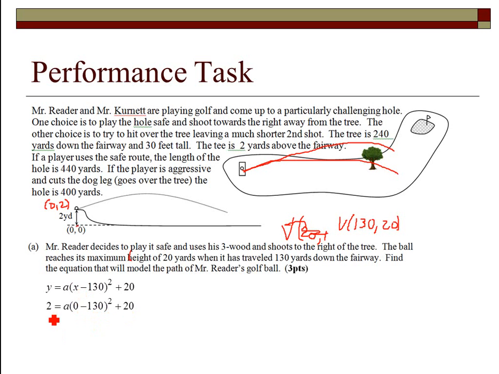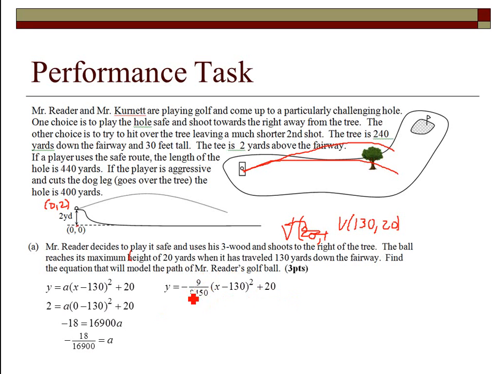I'll subtract 20, so I get negative 18. 130 squared is 16,900. Then I'll divide by 16,900, reduce it, reduces to 9 over 8450, x minus 130 squared plus 20.